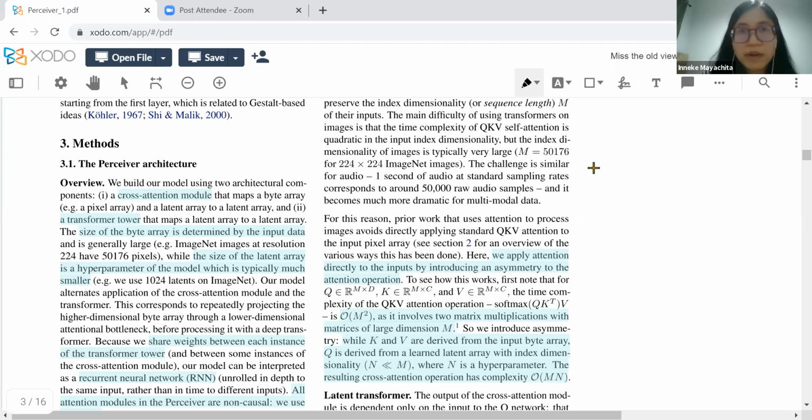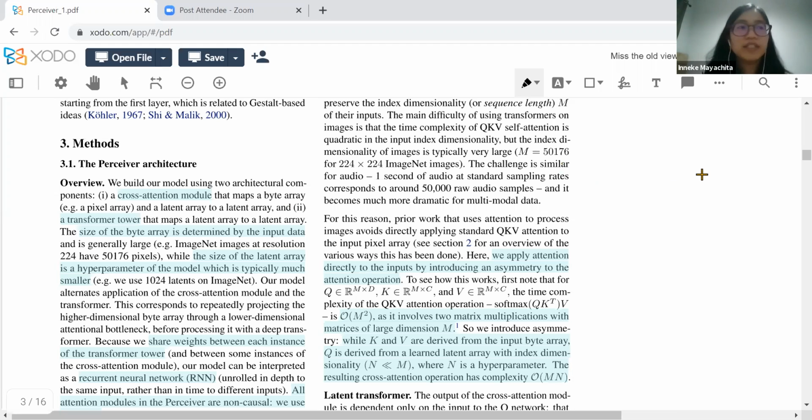Just imagine in NLP we have a sentence of 10 words and we pass this sentence to the transformer. The self-attention inside the transformer is going to, for each word, attend to every other word.